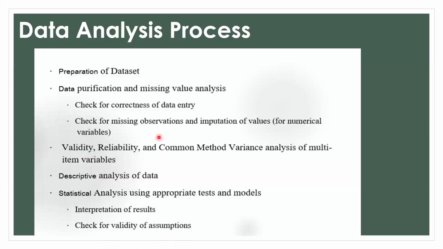Right? These things have to be clearly mentioned when you are presenting your data. Next comes the common method variance, or we call it common method bias. Common method variance we have already done when we were doing a CFA. Right?